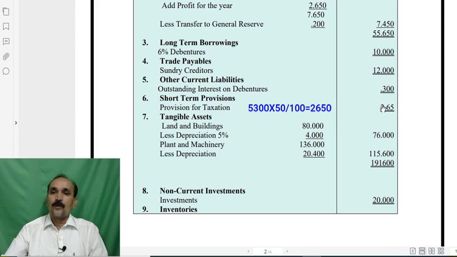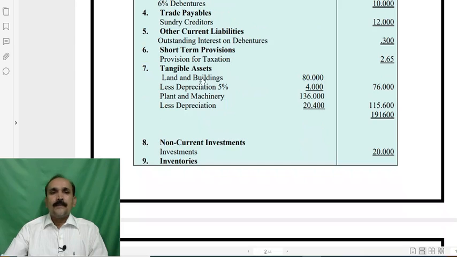2,650 or 2.65. Note 7, tangible assets. Land and building 80,000 less 5% depreciation. 80,000 multiplied by 5 divided by 100 is equal to 4,000. After the deduction of depreciation, the net balance is 76,000. Plant and machinery 1,36,000 less 15% depreciation.